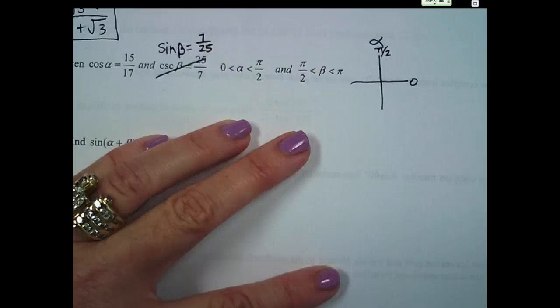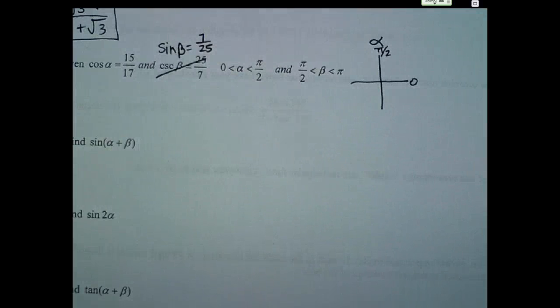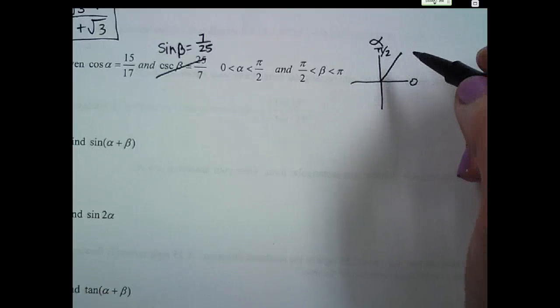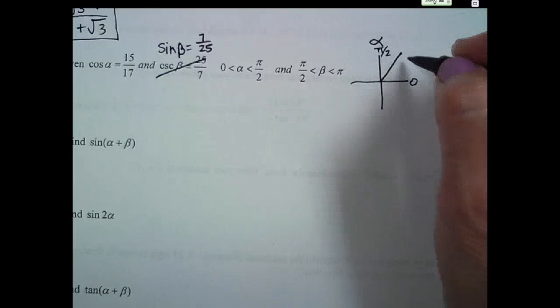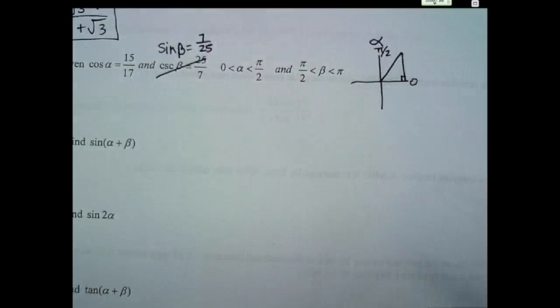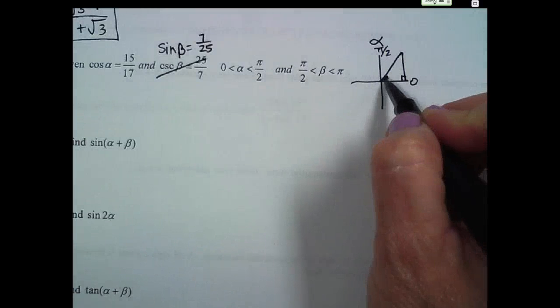If you've forgotten, to draw these triangles, you go out, and where do you always come back to? The x. Always back to the x. Out and always back to the x, so that this is the angle that you're working with.